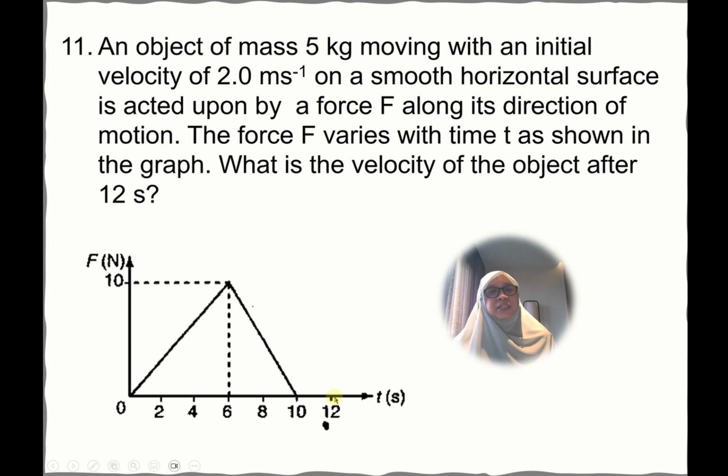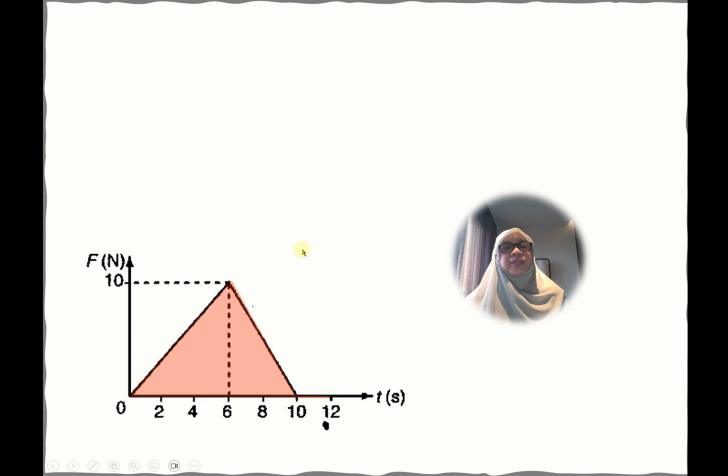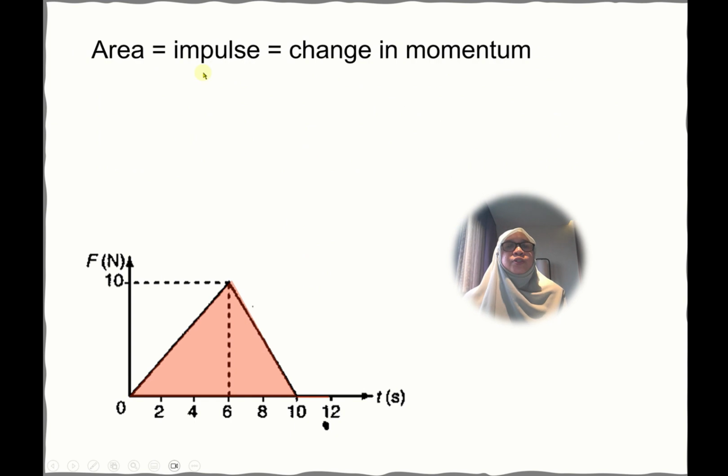So this is the F-t graph. Again, for an F-t graph, the area under the graph equals the change in momentum, which is the impulse. Impulse is Ft, and Ft equals mv minus mu. So we use impulse equals change in momentum.